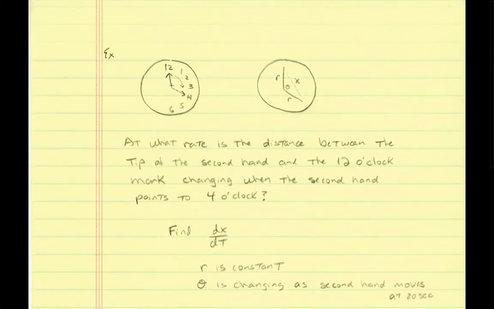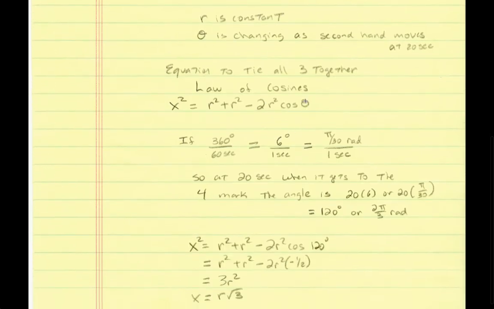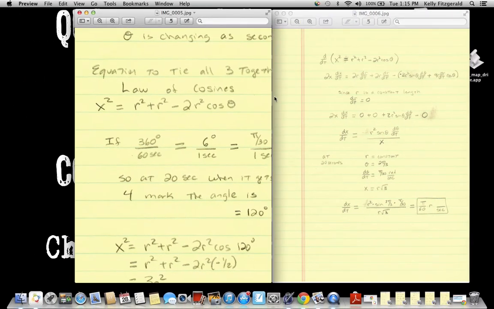So no matter what size clock you have, when it moves past the 4, this x length will be the square root of 3 times the radius length. So now I have the angle, the radius is a constant, and I now have the x length at 4. Let's jump to the second page.